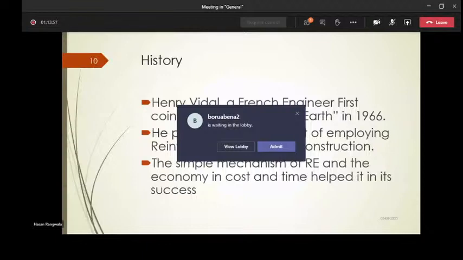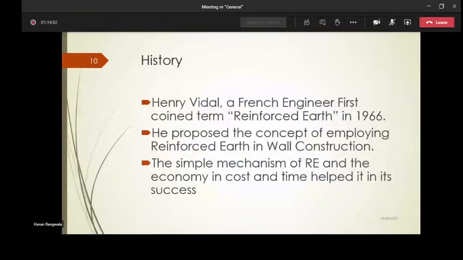It goes back till 1966. So it is a concept of more than 50 years now.